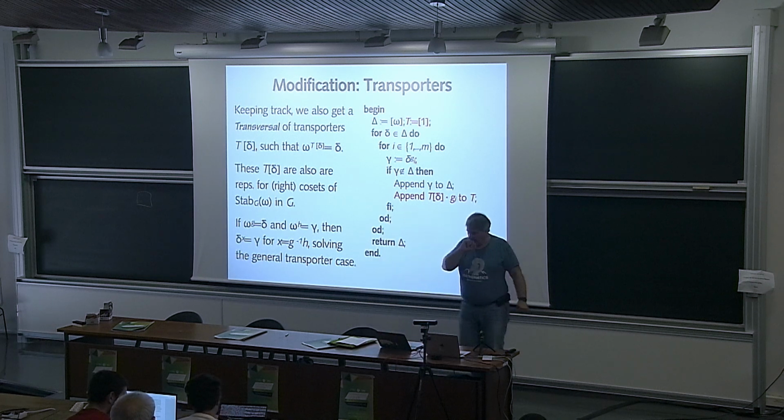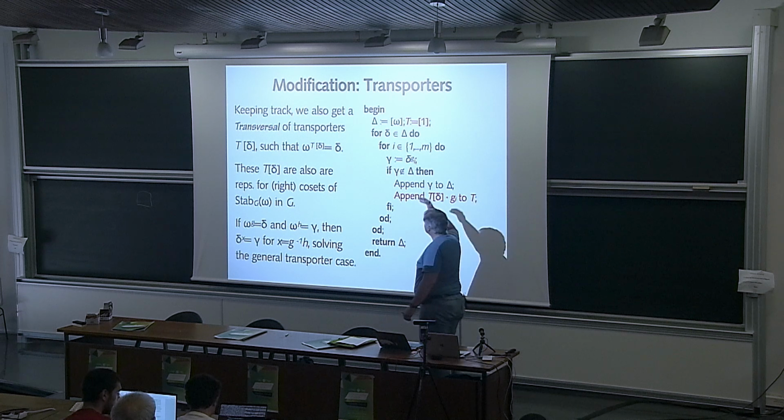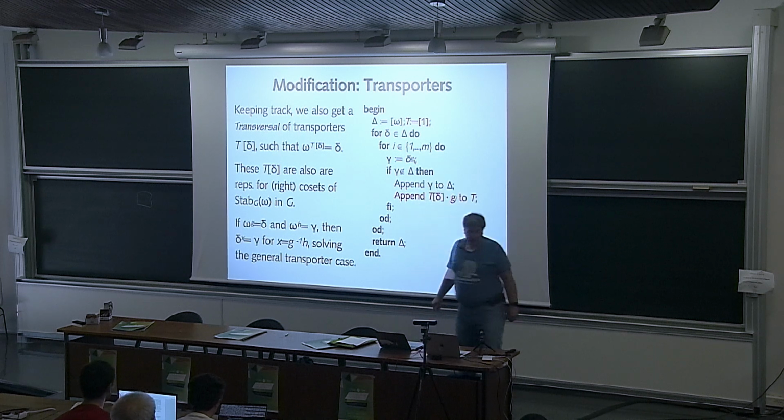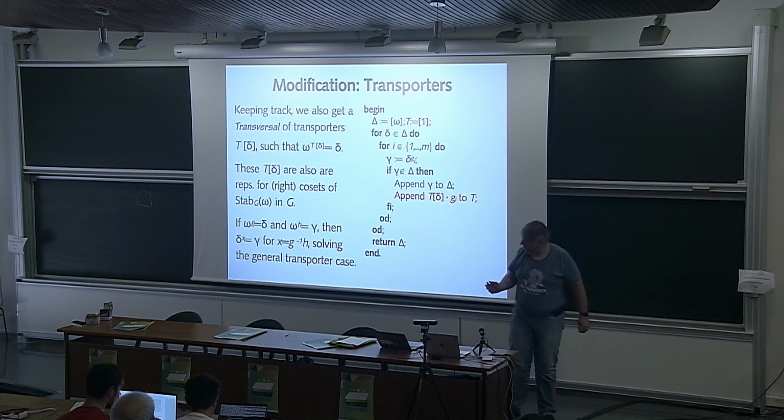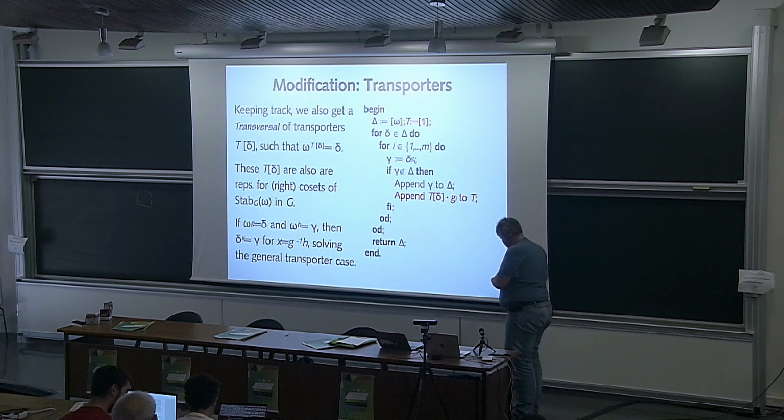So how do I get these transversal elements? I start with the transversal element for omega itself, which is the identity. That's the element which maps omega to omega.